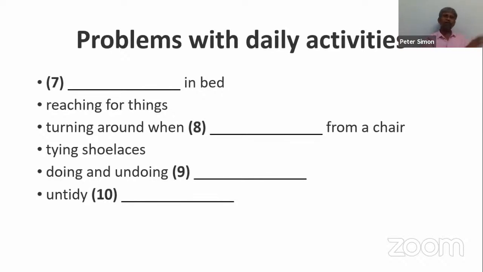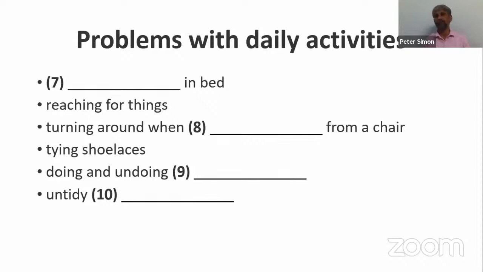So wiping on the bed itself or doing some activity in the bed itself. So you have to listen to what he's telling. Okay, so he cannot walk, he cannot move, all the problems. Reaching for things. He has problems reaching for things. So for example, he wants water, he has to go there, take a glass of water. It's very difficult for him.